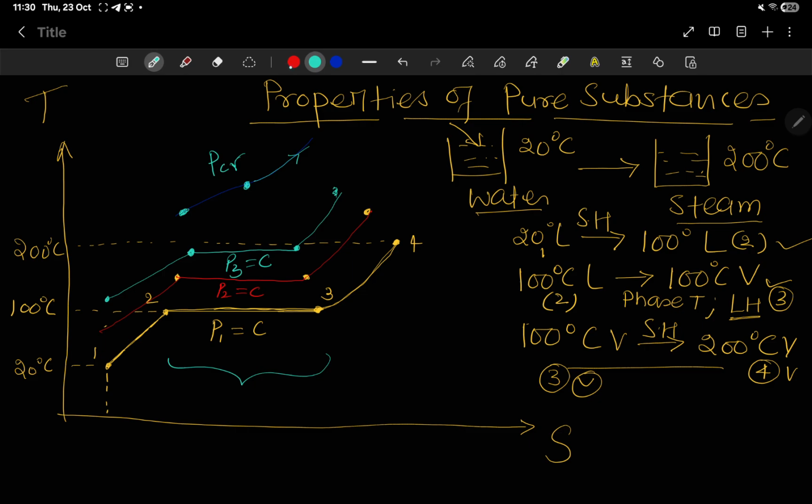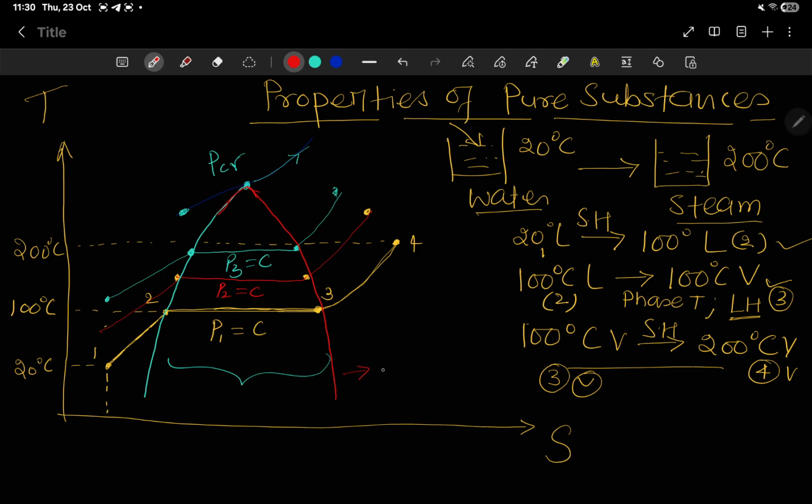Now if I draw these lines, we will get one curve like this and one curve like this. This will not be a sharp corner, it will have curvature, right? So this is the generation of this dome.